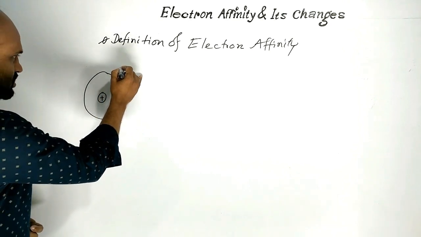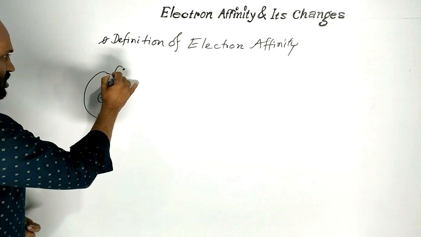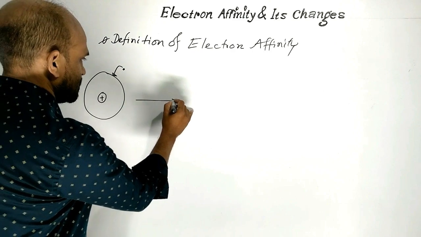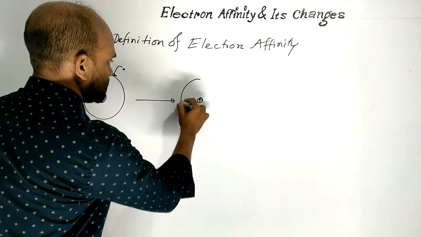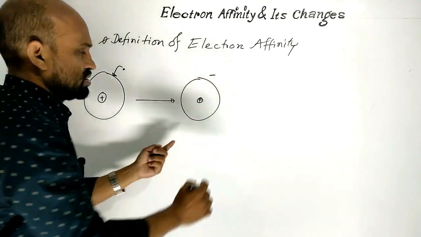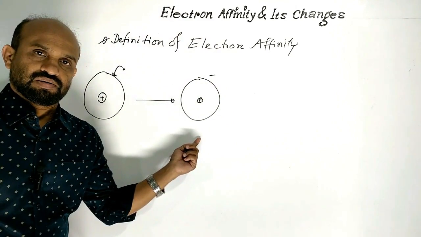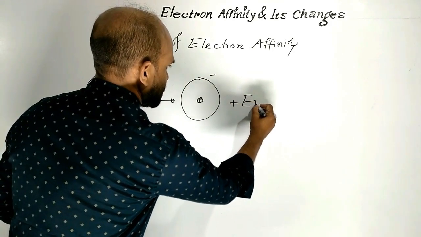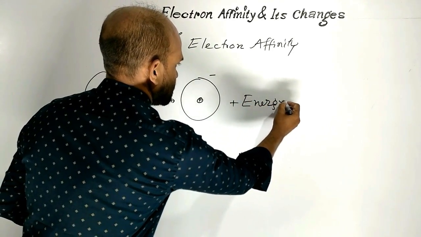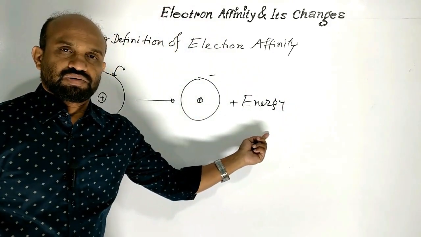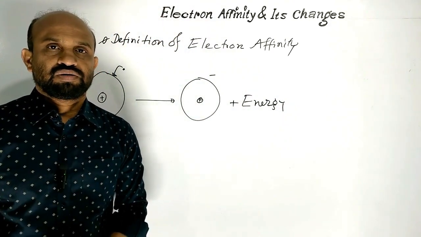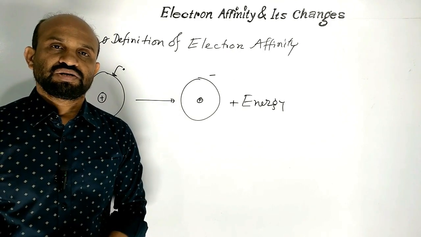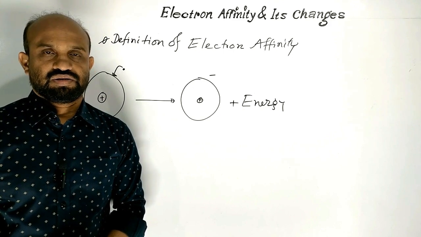When this electron is added to the outermost shell of this atom, then we get this anion, a uninegative ion, and during this some amount of energy is produced. This energy is called electron affinity, which is directly opposite of the ionization energy.